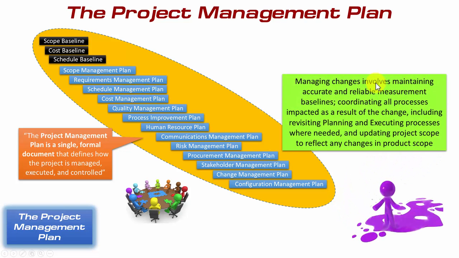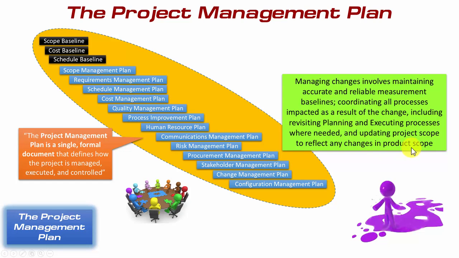So managing changes involves maintaining accurate and reliable measurement baselines, as shown here, and coordinating all processes impacted as a result of the change, as you're about to see. And this also includes revisiting the planning and executing processes where needed, and updating the project scope to reflect any changes in the product scope.